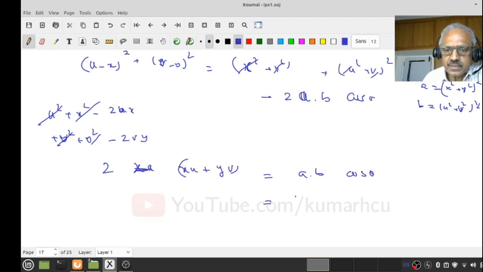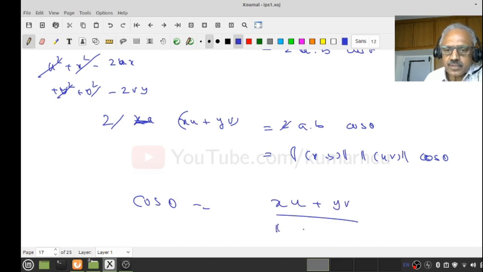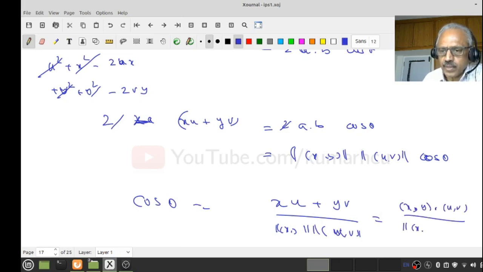But what is ab? It is the length of the vector (x, y) times the length of the vector (u, v). The 2 cancels. Therefore cos theta is (xu plus yv) divided by the length of the vector (x, y) times the length of the vector (u, v), and this is the dot product of (x, y) with (u, v) divided by the length of (x, y) into the length of (u, v).